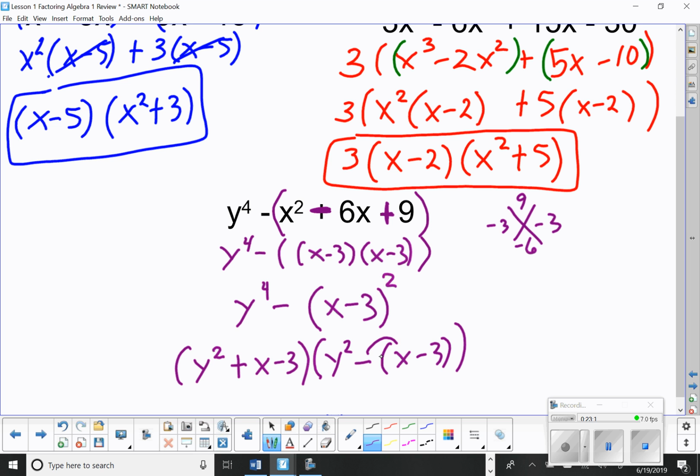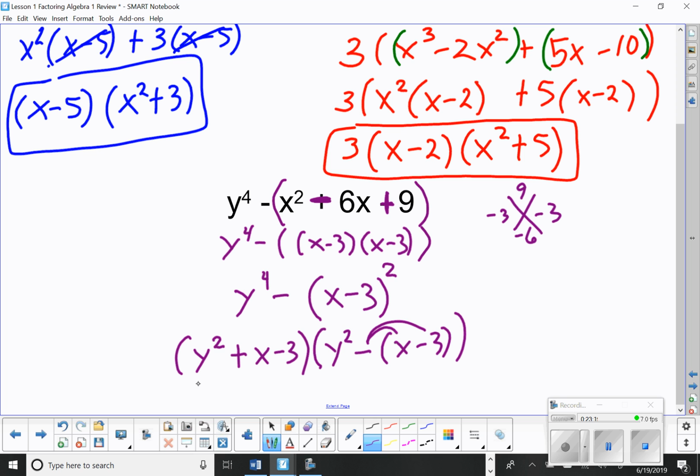I have to distribute that subtraction symbol. So now I've got y squared plus x minus 3 times y squared minus x plus 3.